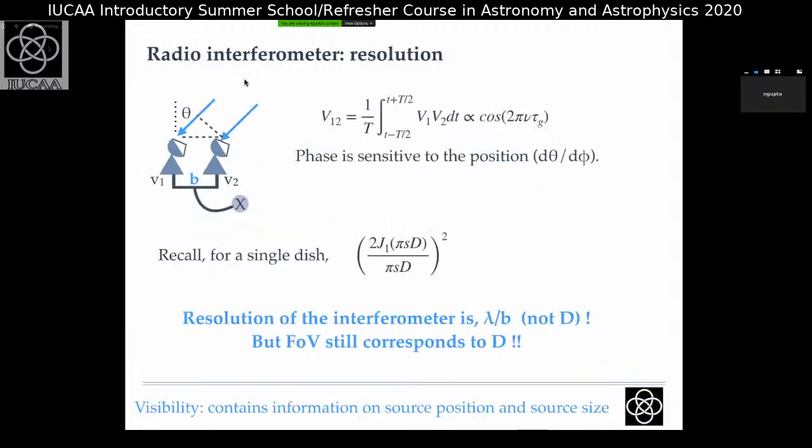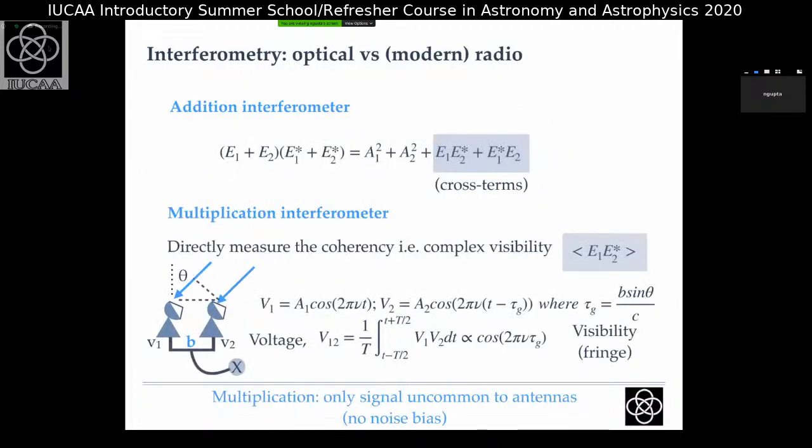Yeah, so E1 E2 star here is the coherency that I'm measuring. If V1 and V2 are the voltages received at each of these two dishes, and I'm pointing towards a source which is at an angle theta with respect to the zenith, then at V1 the voltage is A1 cos 2 pi nu t, and at V2, the other dish, I would see it after a certain delay, right?